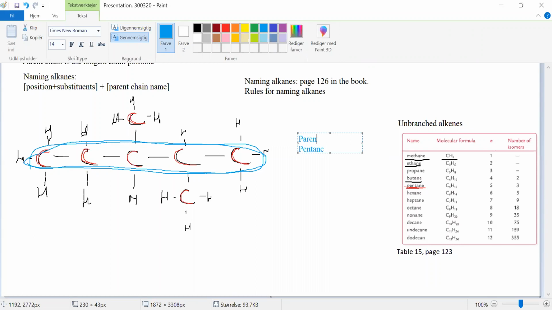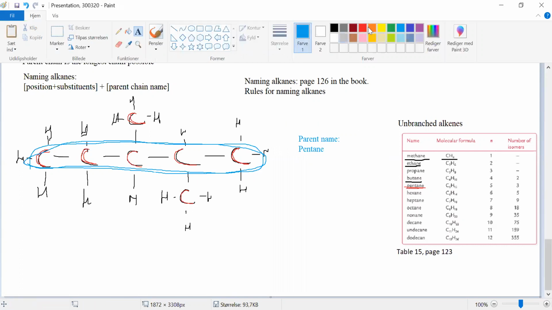That's sort of the parent name, pentane. And identify the side chains and name them. So the 5 carbons that are horizontal here are the parent, or the longest chain possible, the parent chain. So the substituents will be those 2 carbons.